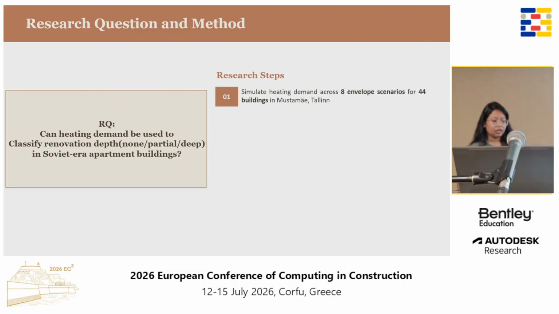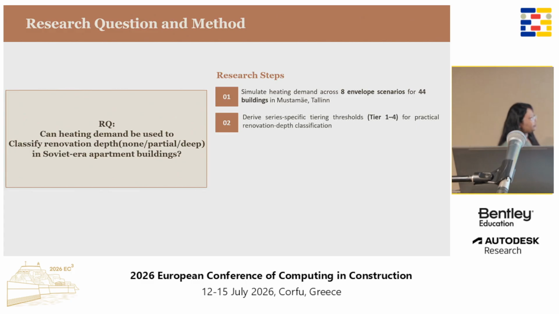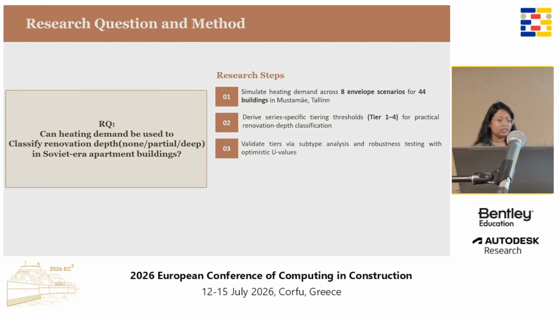To answer this question, we followed a few steps. We simulated 8 envelope scenarios for renovation situations for 44 buildings in Estonia, and we classified the results into 4 energy demand tiers. We also validated the results against subtype analysis, and we used some optimistic U values to understand the model's validation.